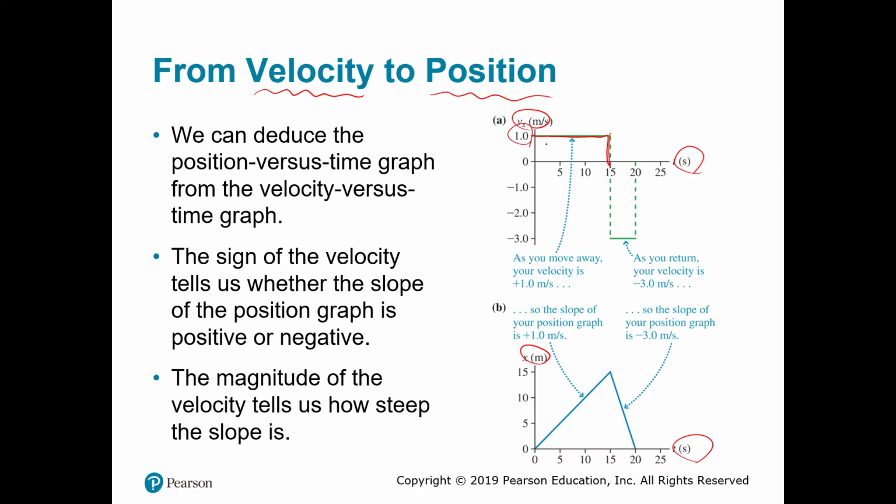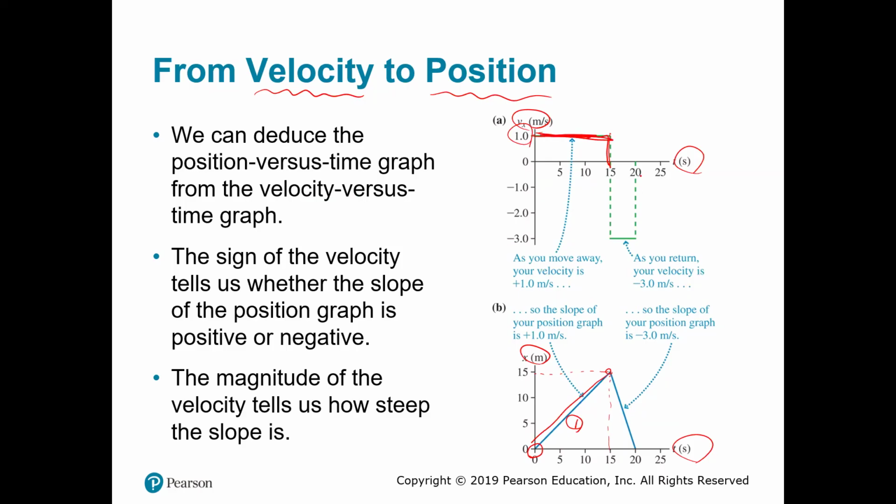That's what 1 meter per second means, right? So you travel 15 meters in the first 15 seconds. So you start from the origin, and in 15 seconds, you travel 15 meters. In other words, the slope of this line is 1, which corresponds to this velocity line, right?